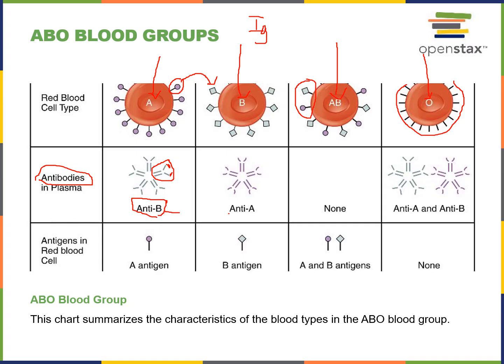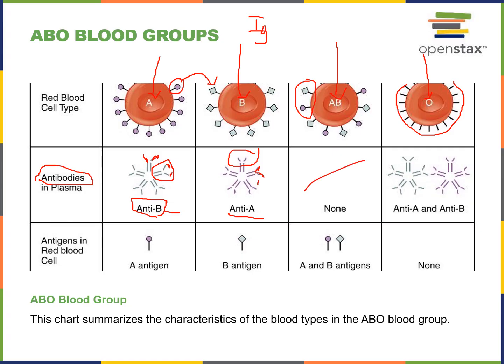This is the anti-A antibody. So while it looks very similar, they've used a color here to show the difference. But if you could actually see this at the molecular level, what you will see is the shape of the binding site, these 2 sites right here, is very different between an A and a B.